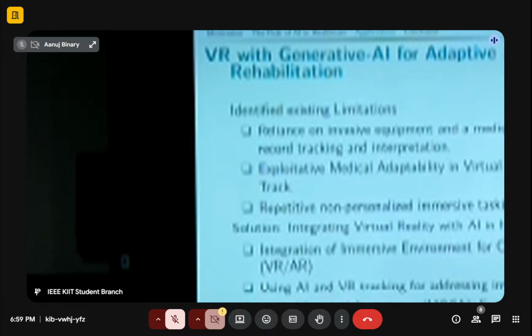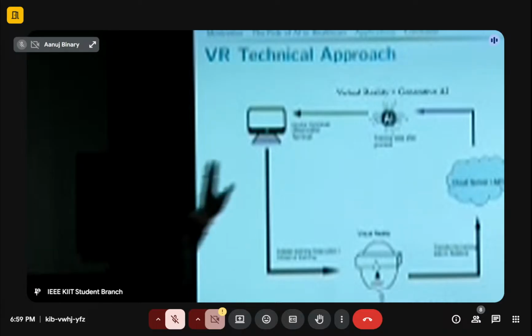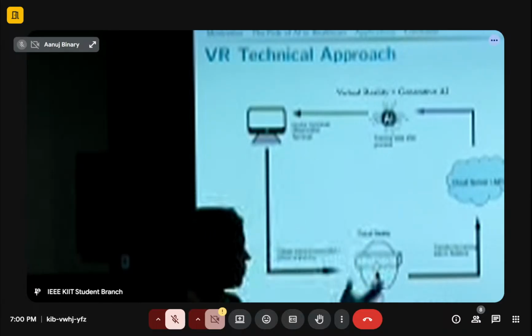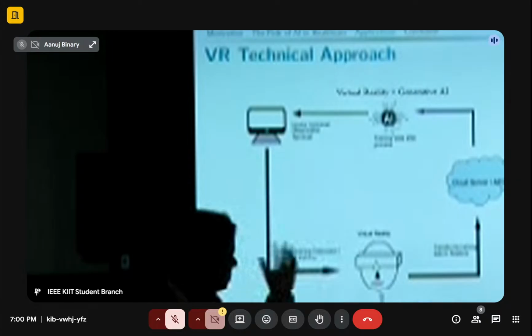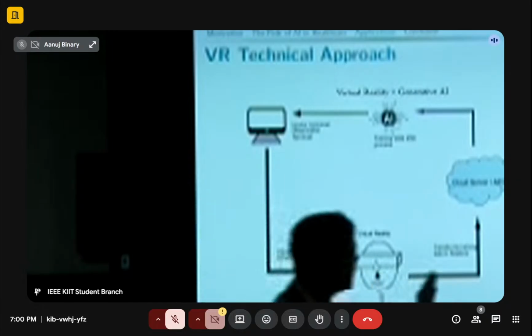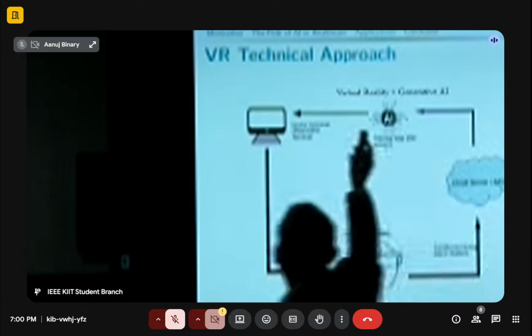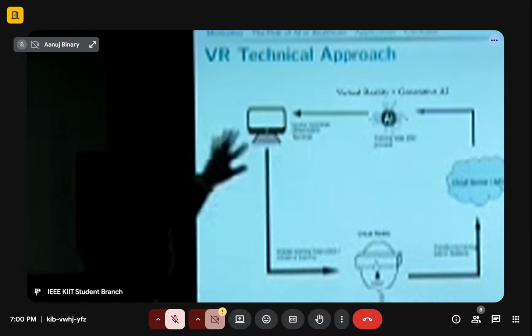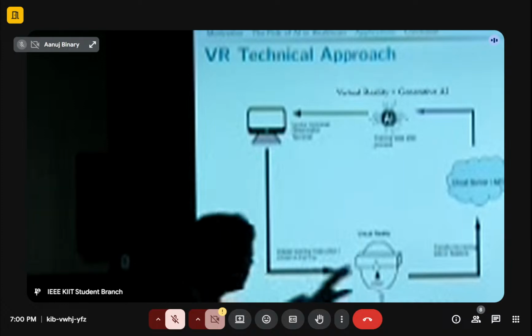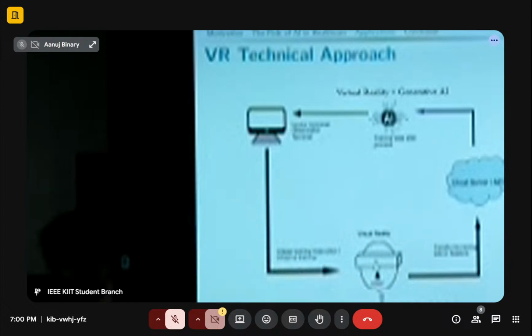So this is the generalized way. The user wears a headset, and he transfers his data to the cloud server, and there is a generative AI there, and it will transfer into the terminal, and it is connected with this. As I have told you, you have to wear a headset, and it is already fixed and connected with the Wi-Fi.